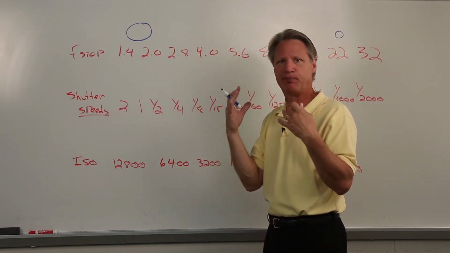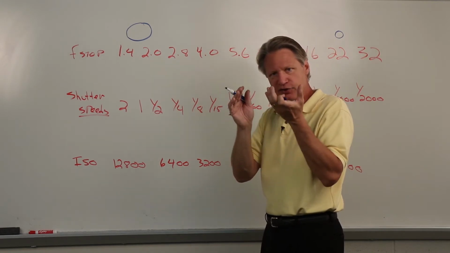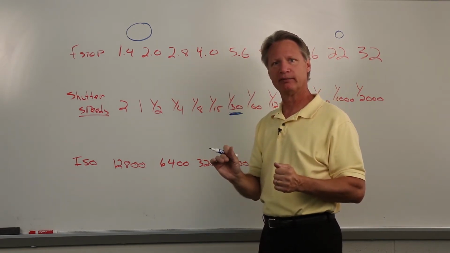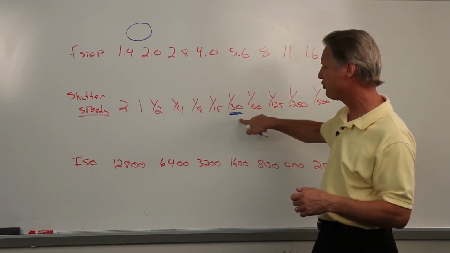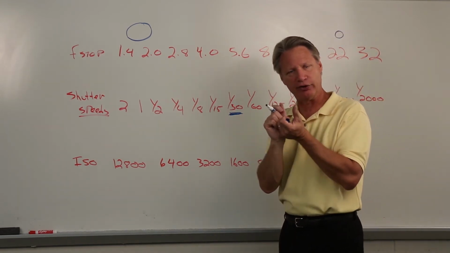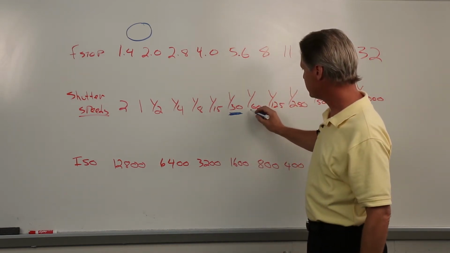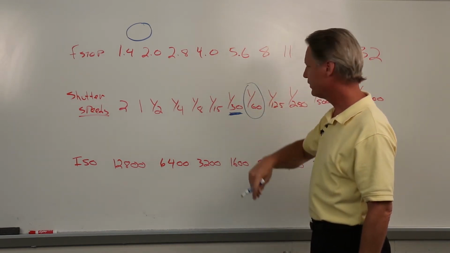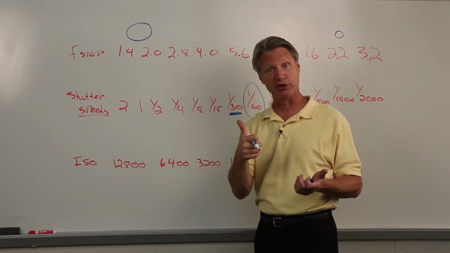You actually have to practice this, squeezing the shutter, breathing so that you're not moving the camera. So a good rule of thumb is try to never shoot below 1/30th of a second if you're hand holding. I like to shoot, say, at 1/60th as my minimum hand hold shutter speed. That's a good rule of thumb to use.